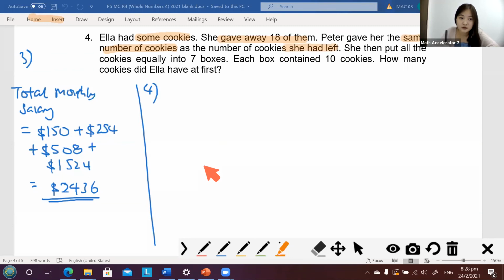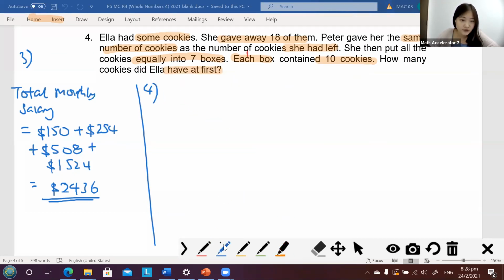Okay, so when you're reading, analyze keywords. She then put all the cookies equally into 7 boxes. Each box contained 10 cookies. Which means one box has 10 cookies. How many cookies did Ella have at first?